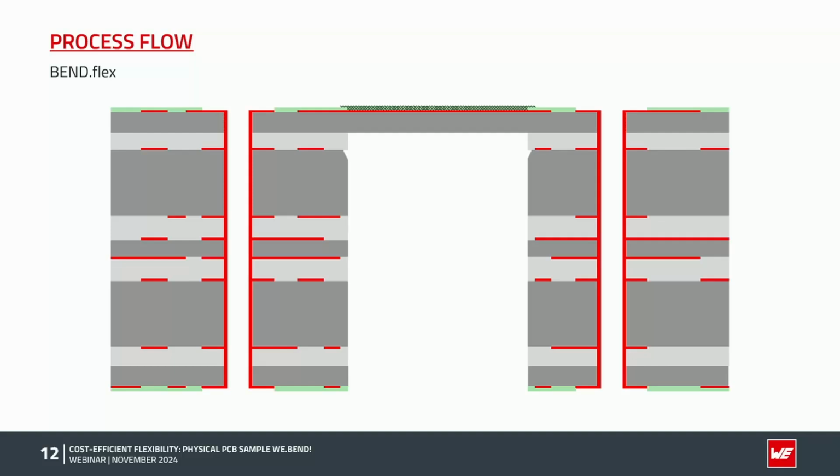In this case, we have a normal FR4, especially a very thin core, which will not be damaged by deep milling or something like that. We do it like a RIGID.flex 1F and use FR4 instead of a polyimide, and so it will not be damaged.